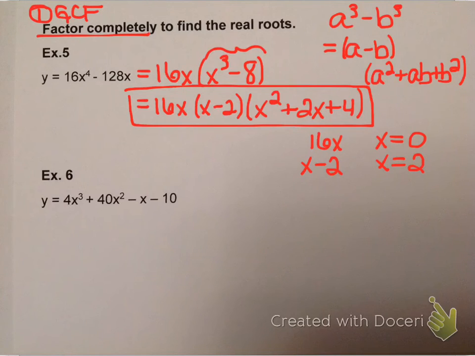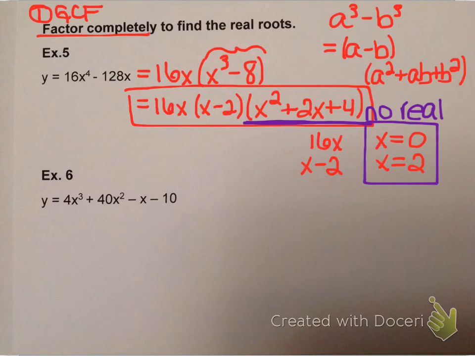And then this final factor is another one of those quadratics where if you try to solve it or if you do the discriminant for it, what you'll see is that it gives you no real roots again. And so what that means is the only two real roots for our equation are 0 and 2.